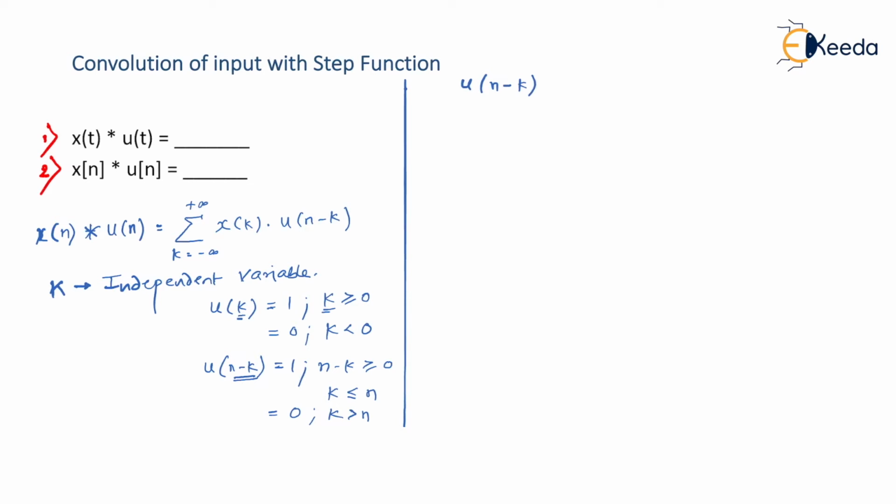We know that in this function k is the main variable, so I can rewrite this as u of minus k plus n. To make the k coefficient free, we take minus 1 out as common. What remains inside? k minus n. So let us try to plot this. In the first step we do time reversal, and in the second step we delay by n.